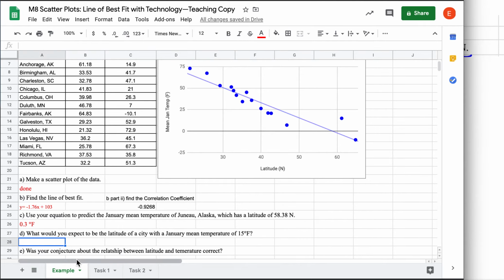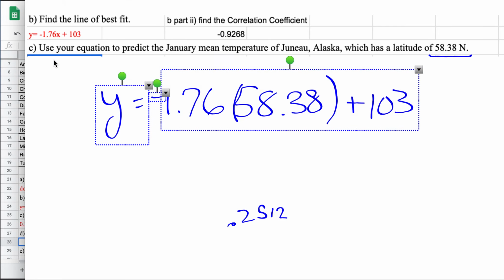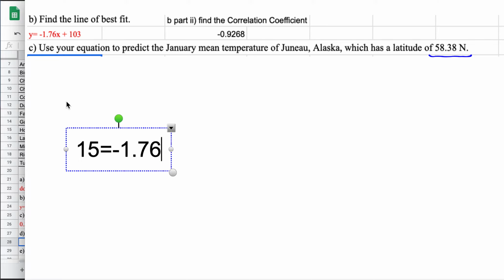D. What would you expect to be the latitude of a city with a January mean temperature of 15? If 15 is our January mean temperature, then we're going to do 15 for y, and y equals negative 1.76 times x plus 103.